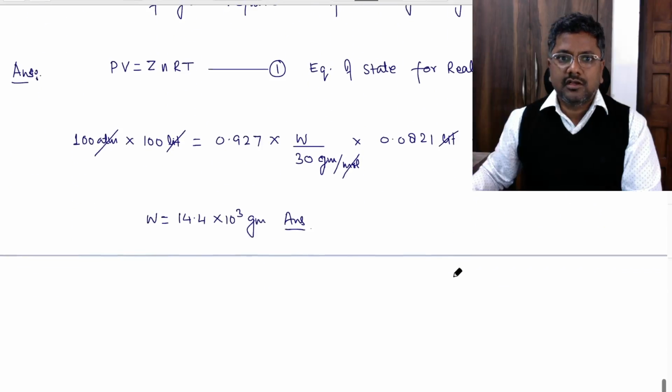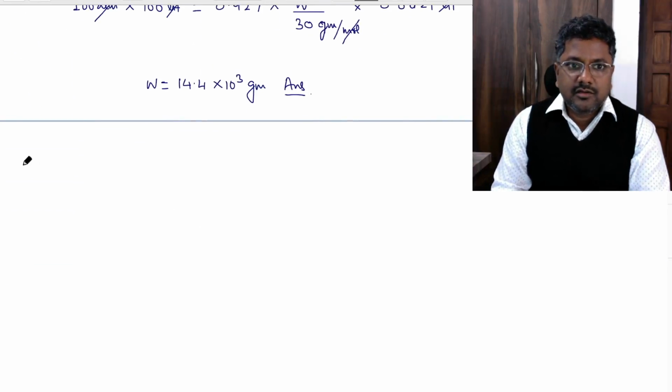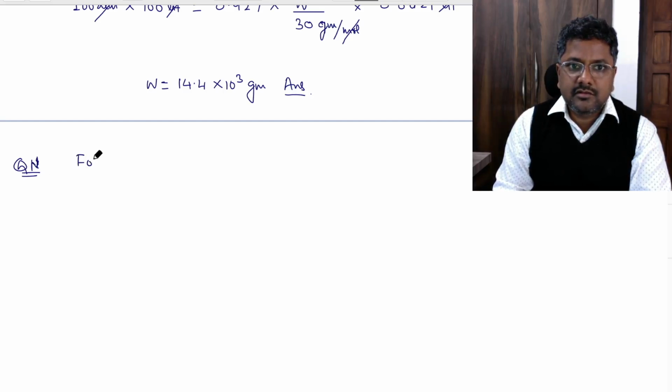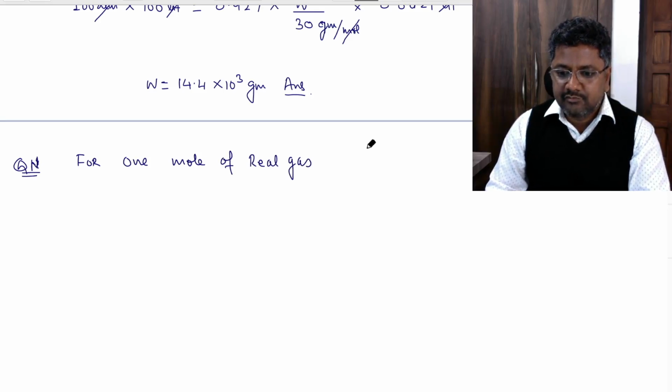One more question. See, for 1 mole of a van der Waals gas, for 1 mole of real gas, B is equal to 0 and T is equal to 300 Kelvin.